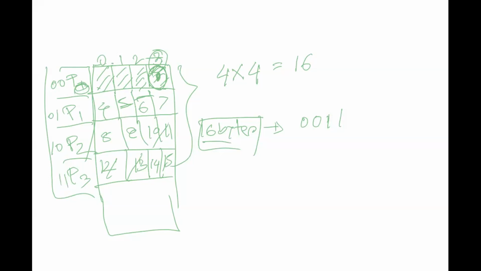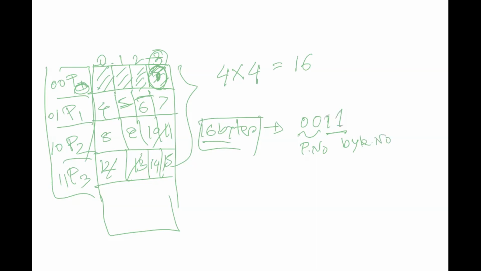So I will consider the first 2 bits for the process number, and the last 2 bits for the byte number.